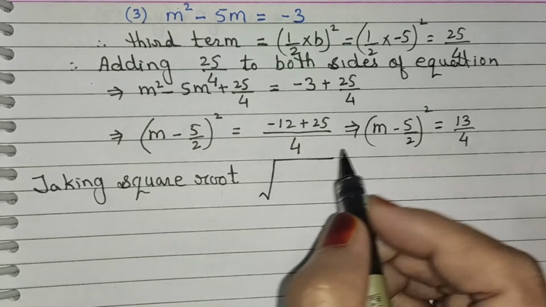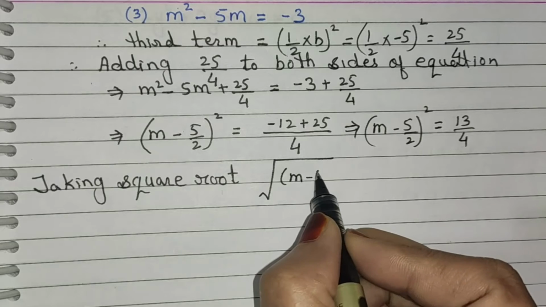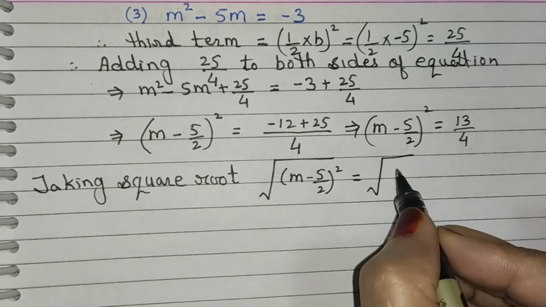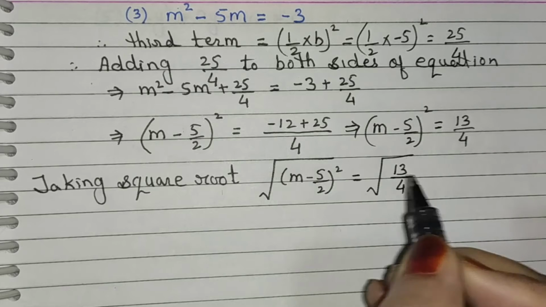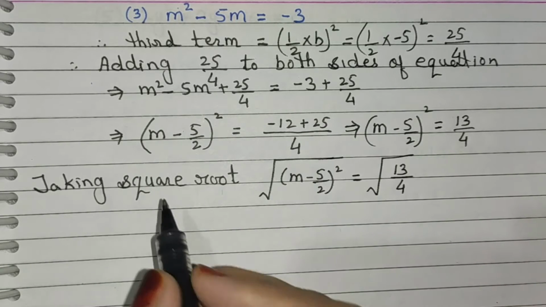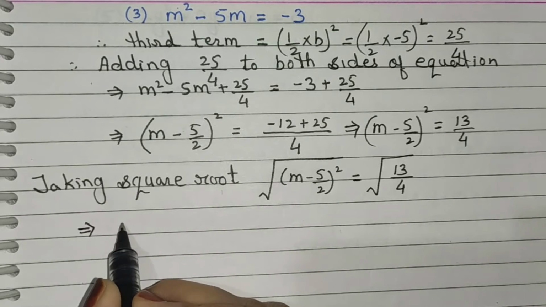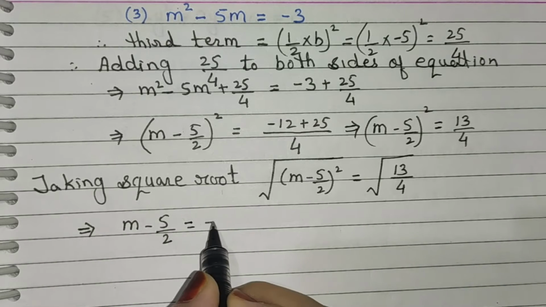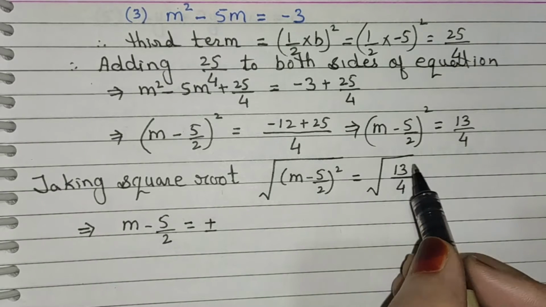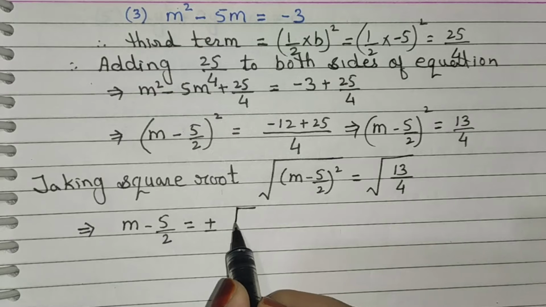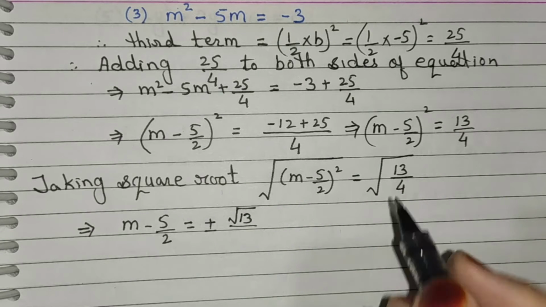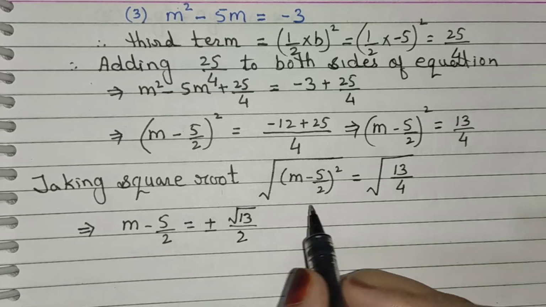We get here square root of m minus 5 upon 2 whole square is equal to square root of 13 upon 4. Now square and square root both are cancelled. We get here m minus 5 upon 2, which is equal to plus minus. Now square root of 13, 13 is not a perfect square. Write down in square root upon 4. Square root of 4 means 2.